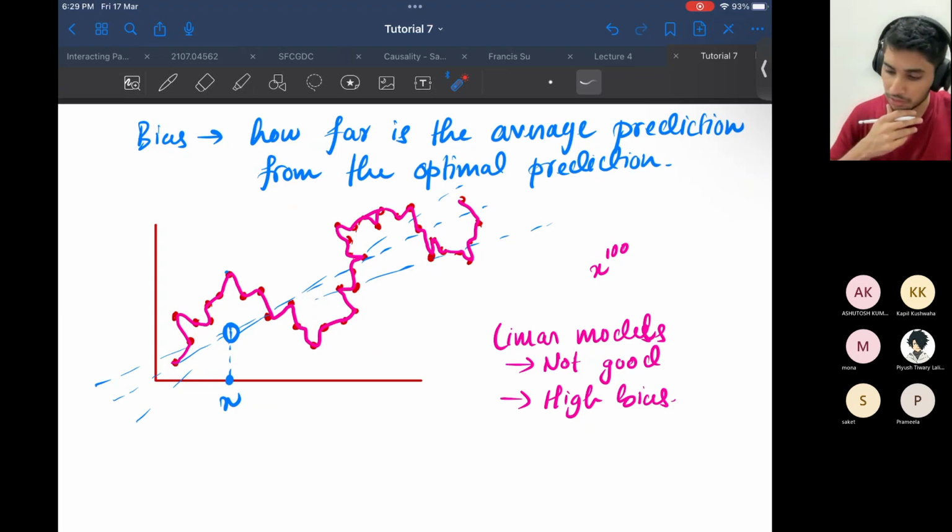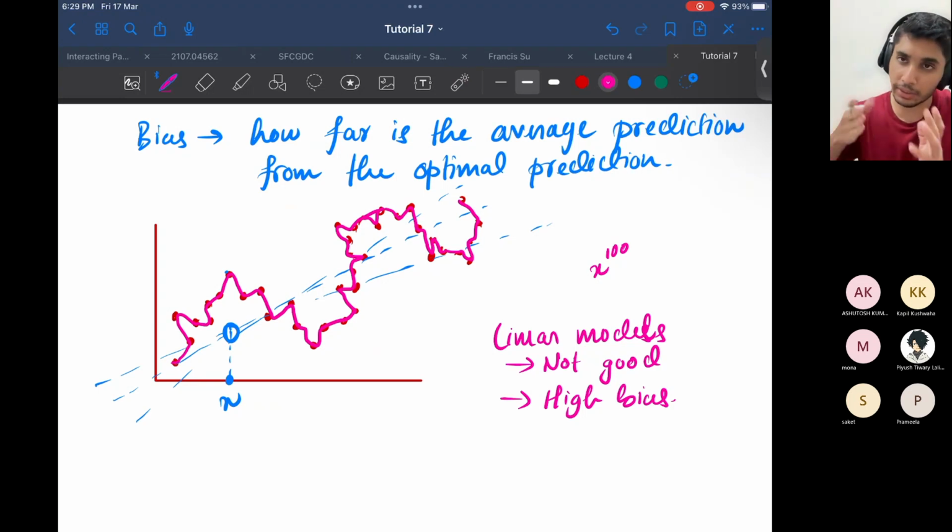Now you use this model and you deployed it in real life. In real time, a data point like this comes here. This is the data point that you have to predict the value for.